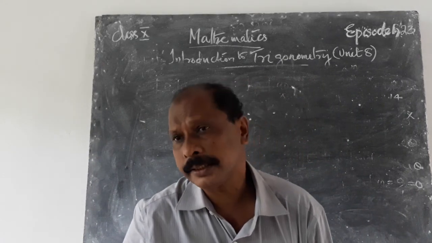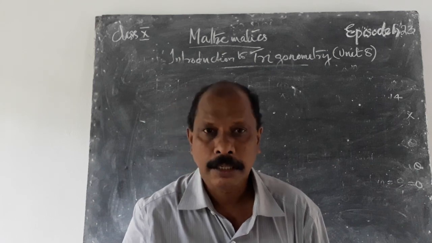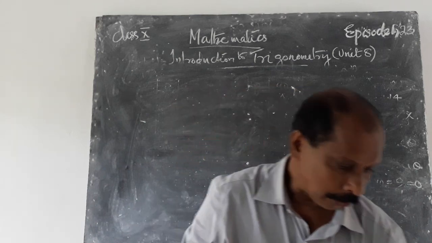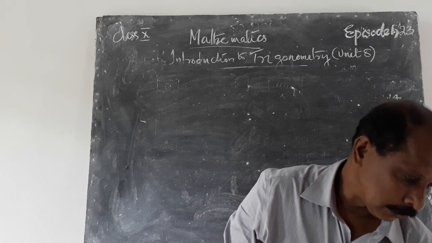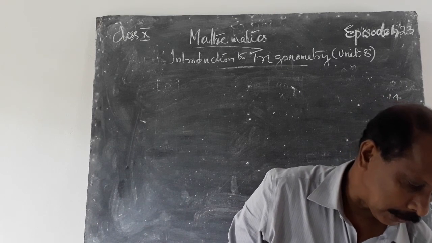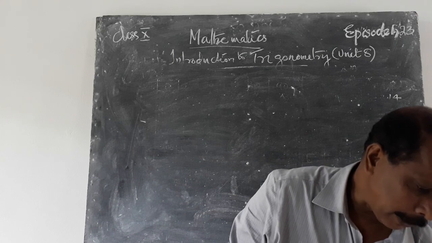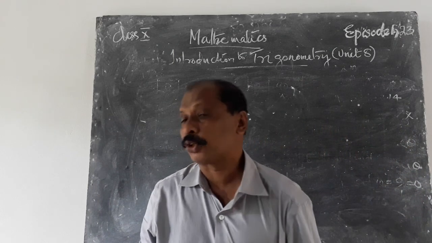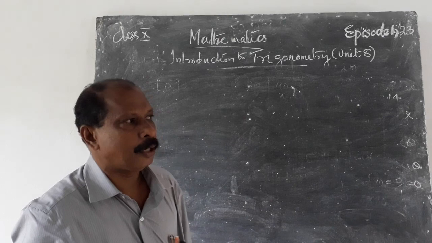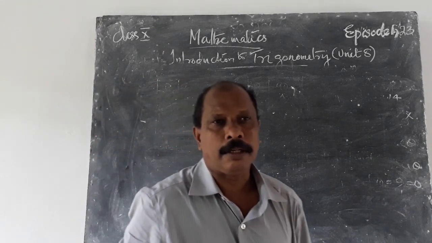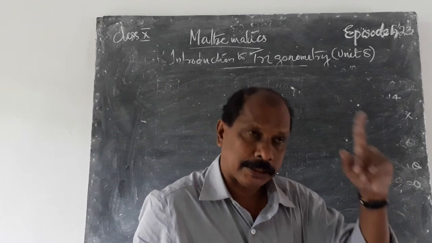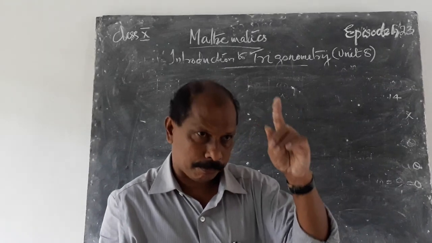Then there are three sides. One is base, the other is altitude, and the third one is hypotenuse. The relation between these three sides is known as the Pythagorean relation. What is the Pythagorean relation? Base square plus altitude square is equal to hypotenuse square. For example, in triangle ABC, we know the right angle triangle.